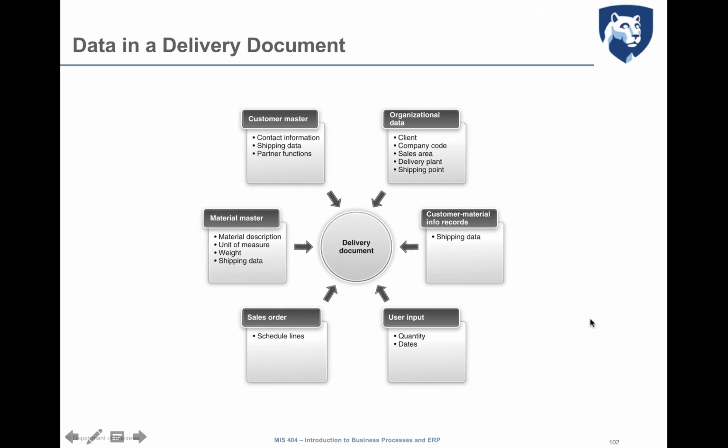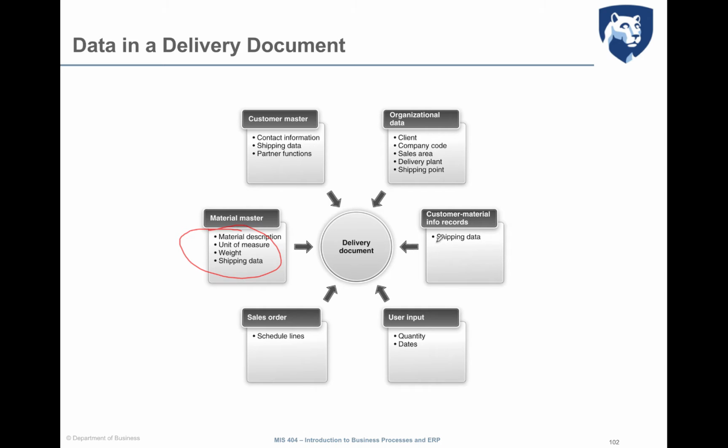Again, in order to create a delivery document, I won't spend too much time on this, but to create a delivery document, you need a lot of sources of data. In particular, different from the previous one, from the material master we need some technical information on the material, because if warehouses or storage points are present, we need to know which type of material needs to be delivered, when and why, and so we know the proper way to manage this.